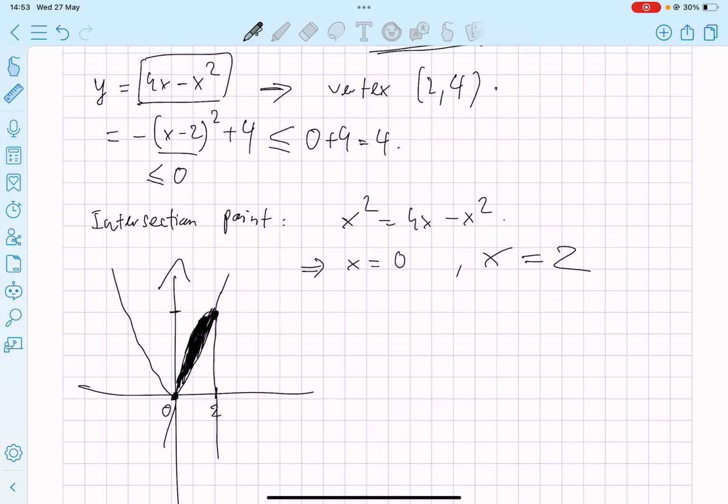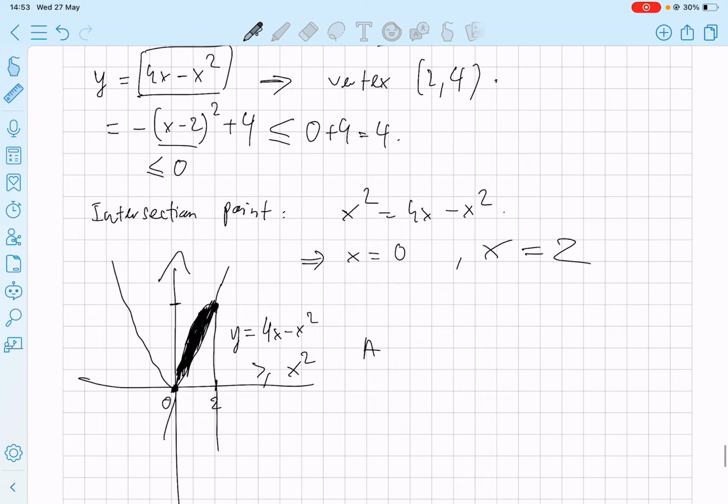So you know which one is greater, right? The y equal to 4x minus x squared will be greater than x squared in this region. So we will apply the formula that we have, so it will be equal to the integral from 0 to 2, because these are the limits of the region.